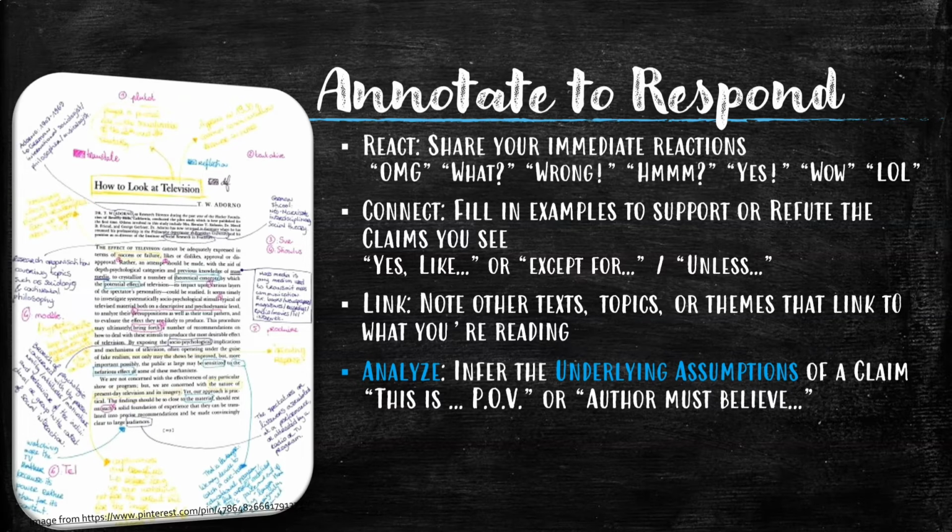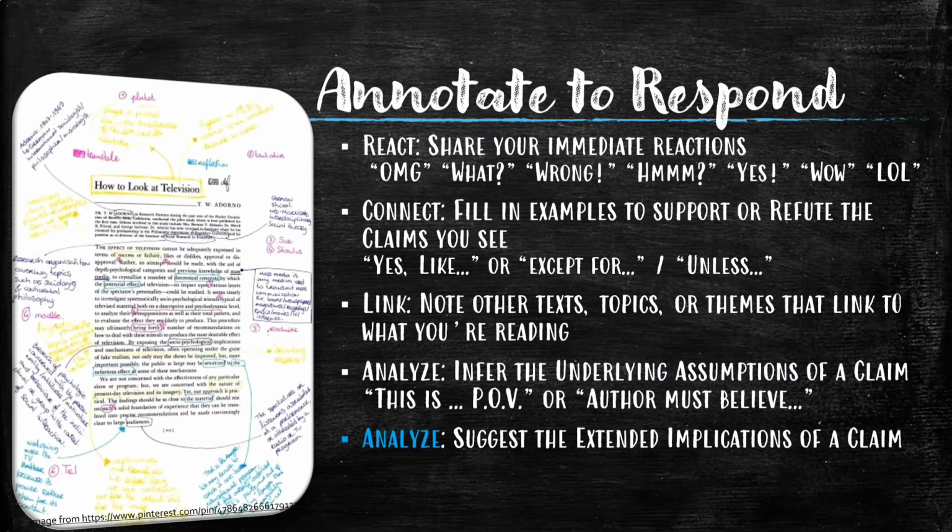Or we might likewise say, in order to be saying this, this author must believe these types of ideas, or this author must have a pessimistic outlook. We can think of those kinds of underlying assumptions, hidden, buried types of assumptions or beliefs or biases that are motivating these claims. Another way that we can analyze is by suggesting the extended implications of a claim.